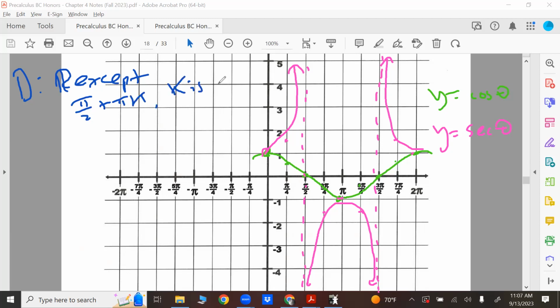You could say that if you want. Or you could write pi k over 2, where k is any odd integer. I'll leave it up to you, whatever you prefer. We do have to be very explicit as to what's being excluded and what k would hold. Either way, totally fine.